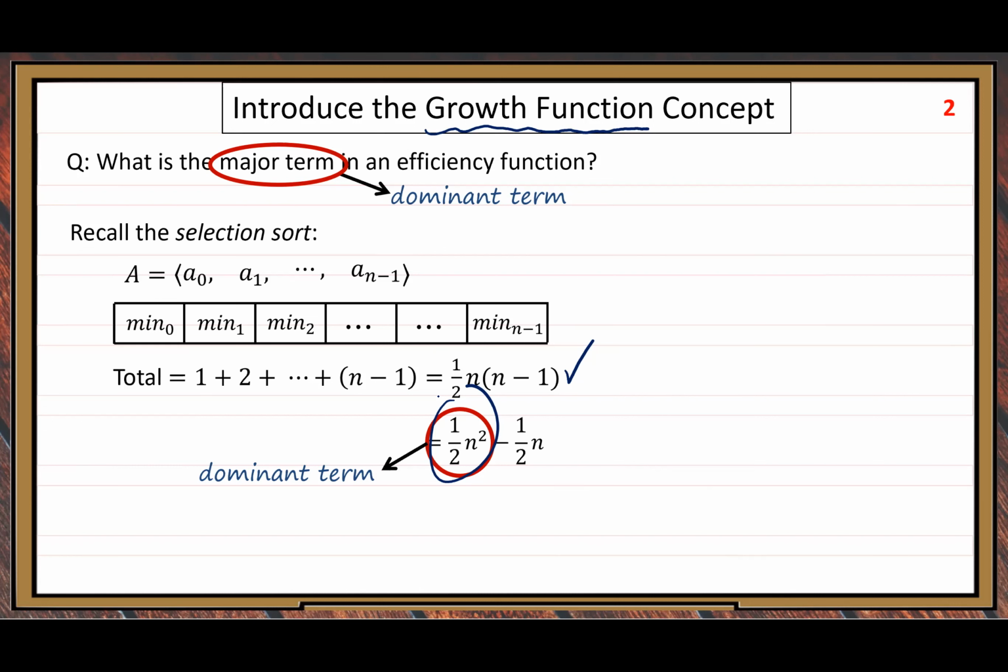So we do a second round approximation by ignoring this 1/2 constant for another simplification. We get n squared, and we call this one the growth function.